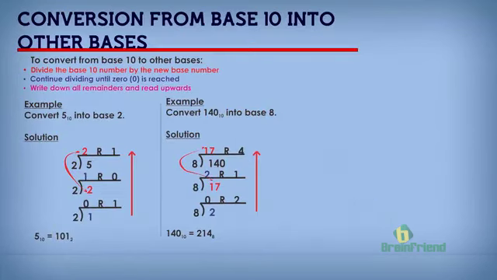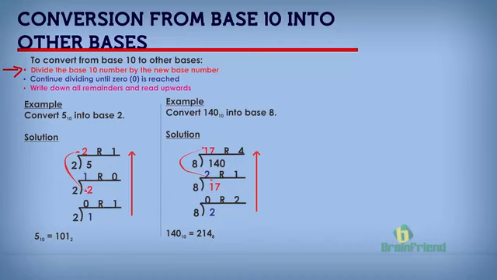Let's go on. Now, we'll be looking, first of all, at how to convert numbers from base 10 into other bases. There are 3 simple steps to convert a number from base 10 into another base. First step, divide the base 10 number by the new base that you want to convert it to.